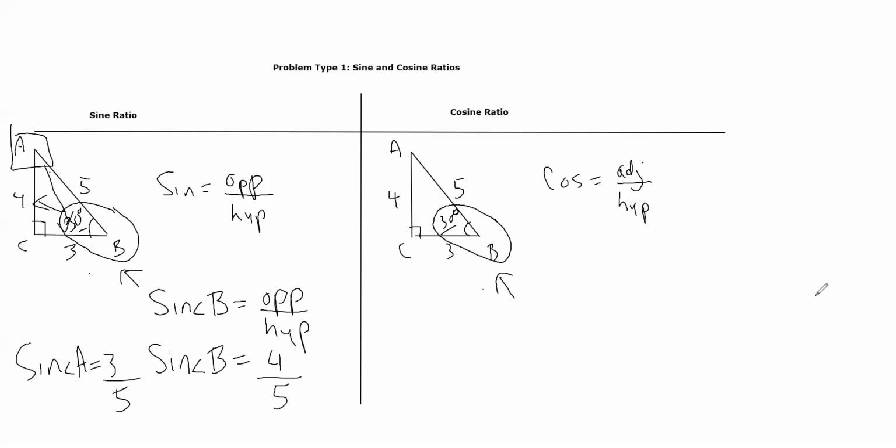So if you notice a change from last week, where you just had to flip the ratio, this time you can't do that. You have to pay attention to what they're asking you. If they're asking you for sine of B, make sure you figure out what sine of B is. If they ask you what sine of A is, make sure you do what sine of A is, because the issue is that when we get to the more complicated problems, this is the easy part, just identifying what the ratio is.